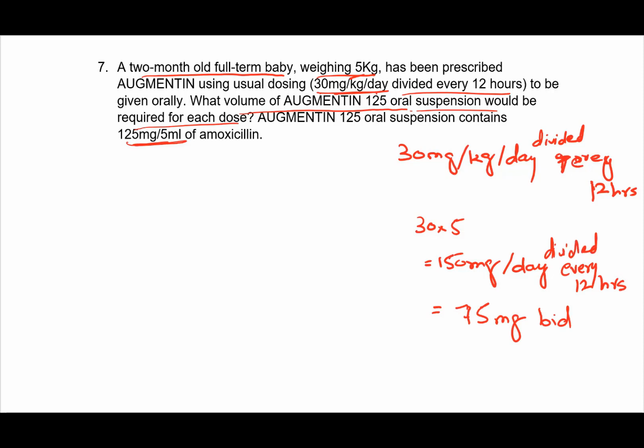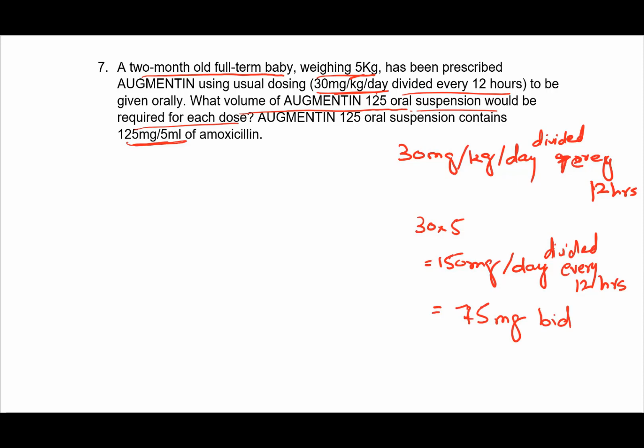So when you are given a dose which says 150 milligrams divided every 12 hours, that means you have to halve that dose if you're trying to find out a single dose. I have calculated 150 milligrams total daily dose, and it has to be divided over 12 hours. So each single dose will be 75 milligrams, and I will give 75 milligrams twice a day.